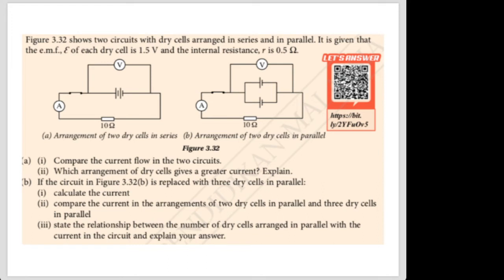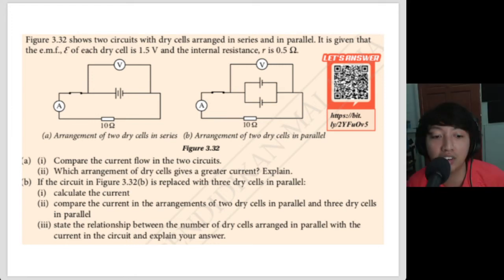Now B is asking you to compare another circuit, a different circuit that's not in the picture. Let's read what it says. If the circuit is replaced with 3 dry cells in parallel. So the question is now, what if we add one more battery in parallel?